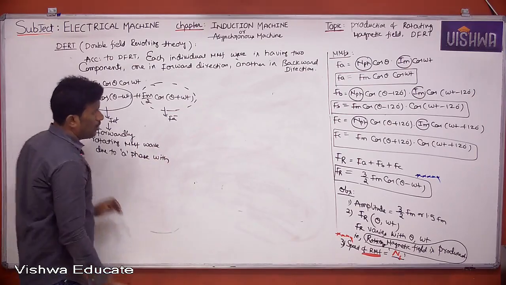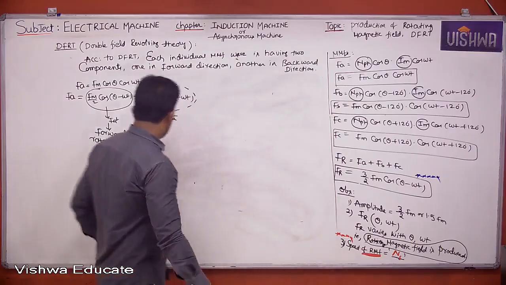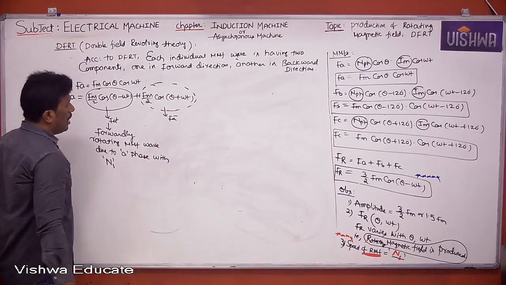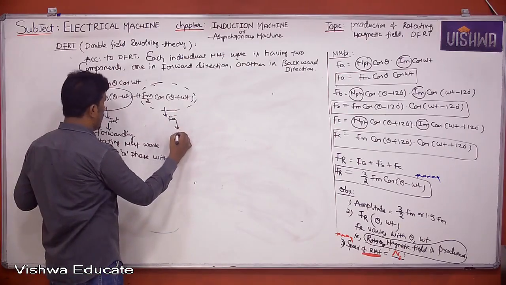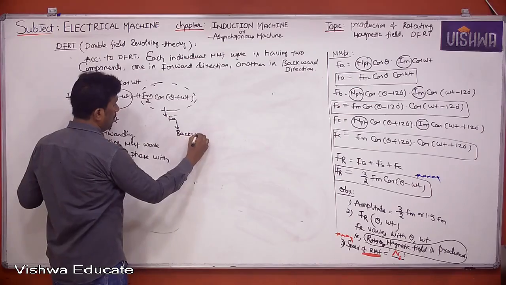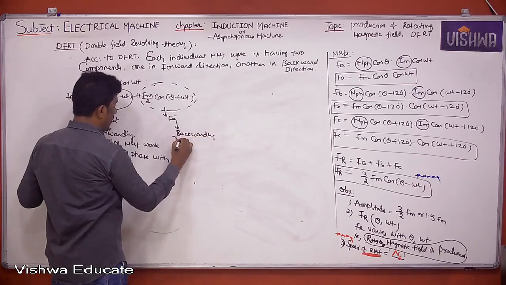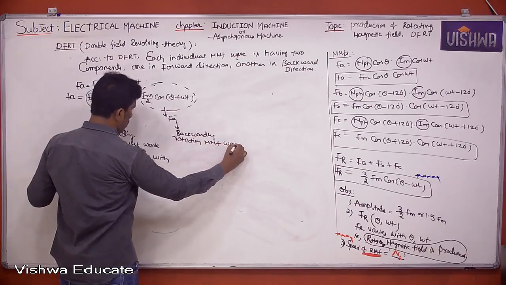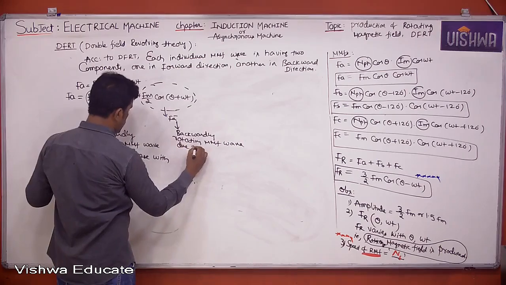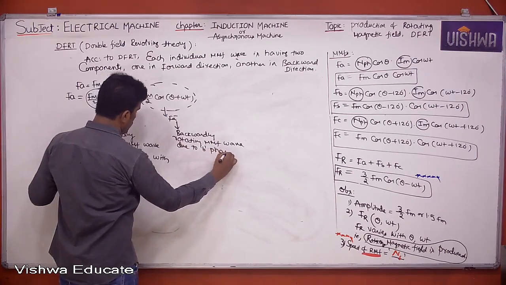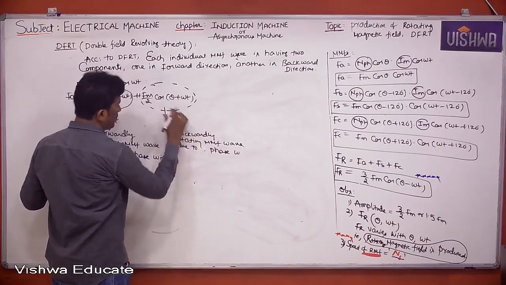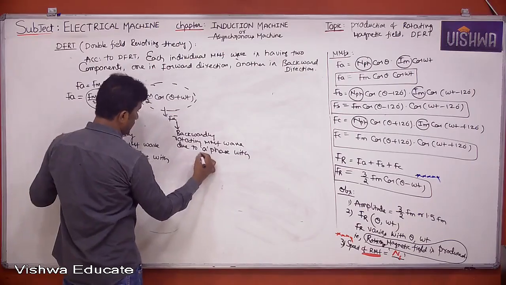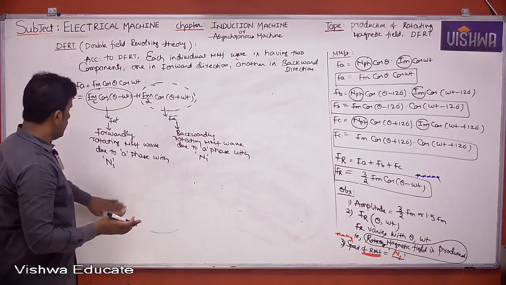I already told you the speed of your RMF is ns. So FA plus is also related with the speed ns. And FA minus is a backwardly rotating MMF wave due to A phase only, with speed ns. Is it clear?